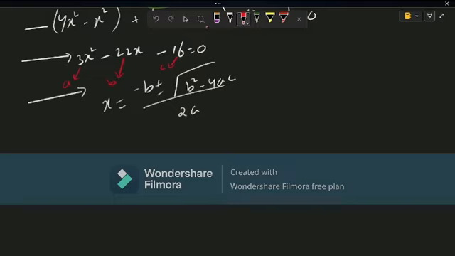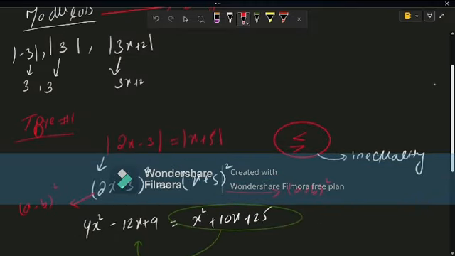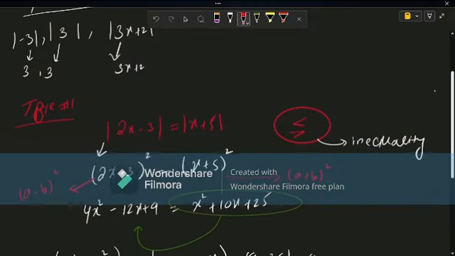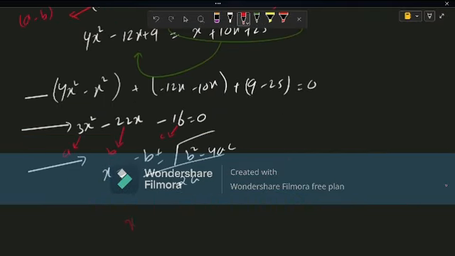And students, be sure to memorize that if you have a quadratic equation or a mod equation that contains the mod term on both sides, you will get two values of x, maybe x is equals to 3 by 5 and the other x is equals to 1 by 2, something like that.